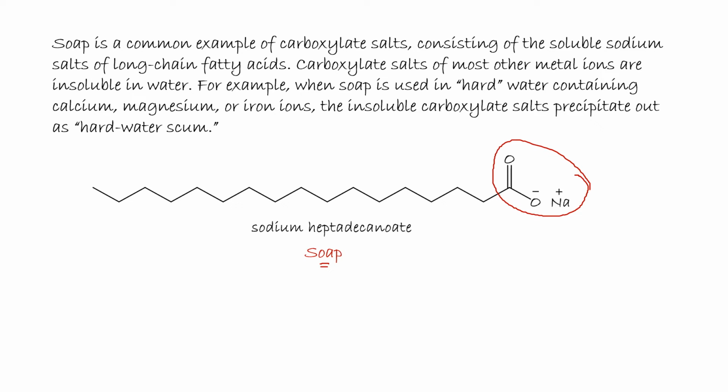Carboxylate salts of most other metal ions are insoluble in water. For example, when soap is used in hard water like seawater containing calcium, magnesium, or iron, the insoluble carboxylate salt precipitates out, as we call it, hard water scum.